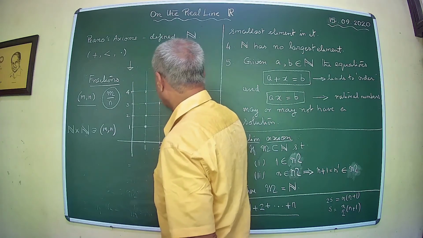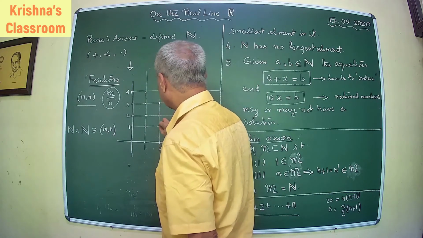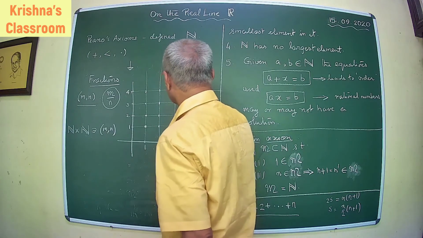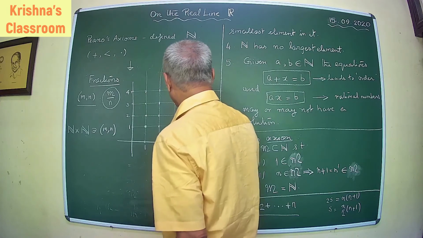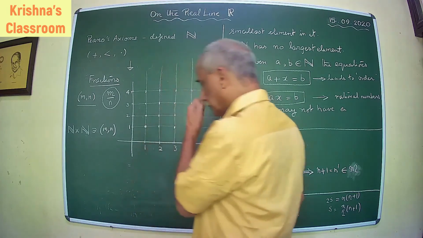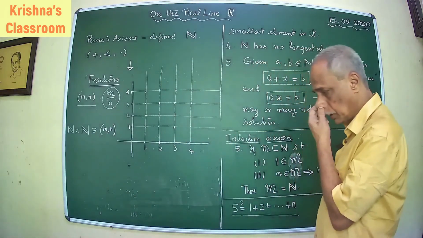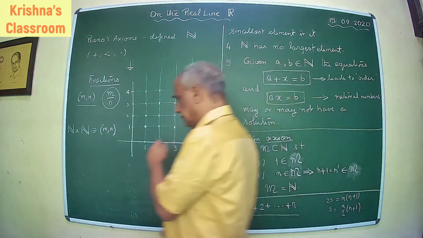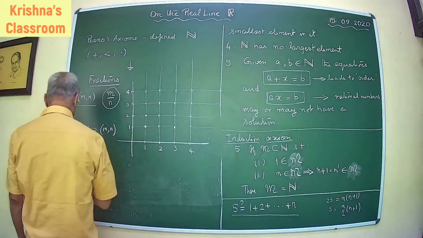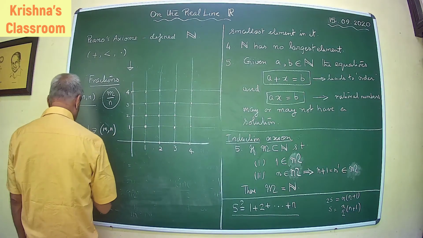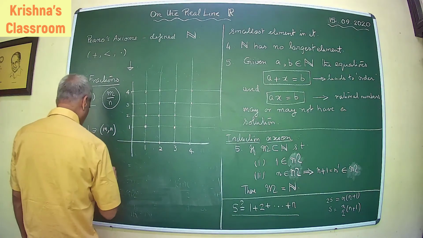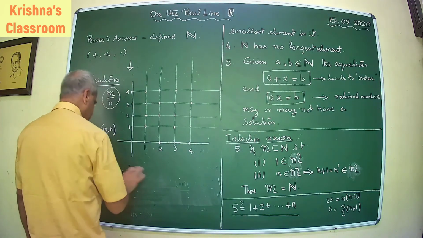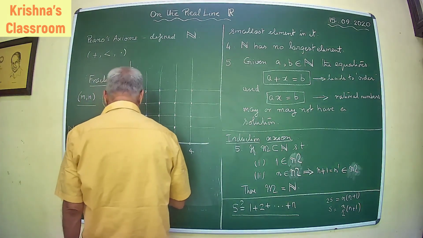Each one has both coordinates as natural numbers. Now that's the point. Then we introduced what is called addition, order, and what is called multiplication.